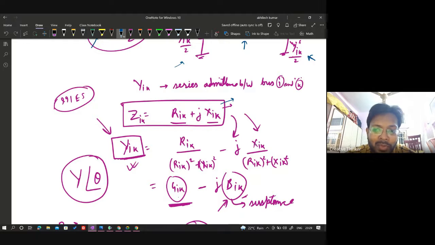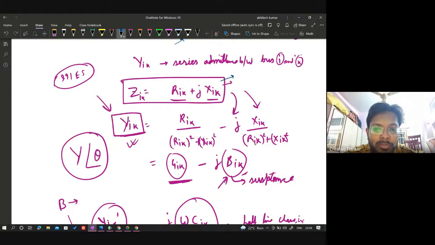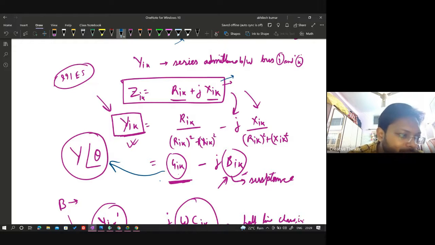The imaginary value is called susceptance. And when you change this, you can get y in r theta form.